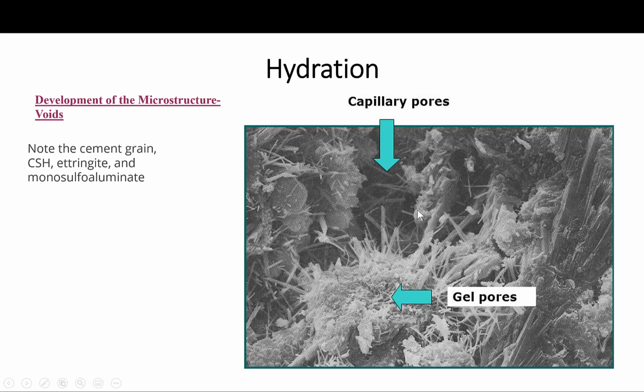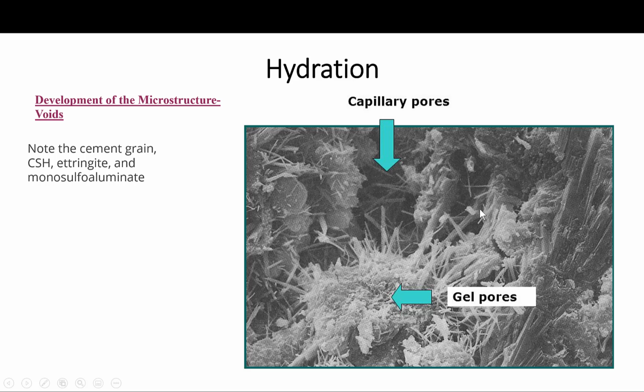This one here is an SEM micrograph. It shows, for example, the calcium silicate hydrate and the capillary pores. These are the gel pores. This is calcium silicate hydrate gel. These are the gel pores.